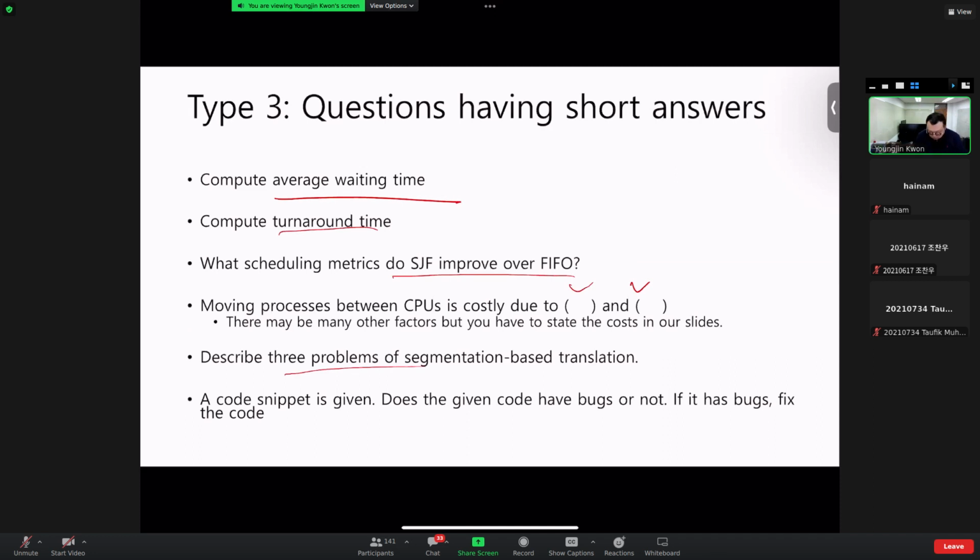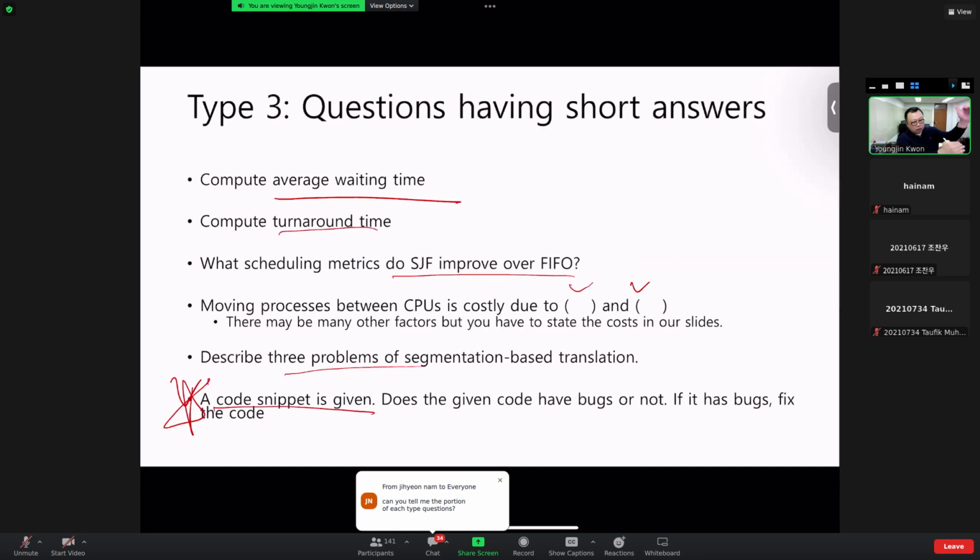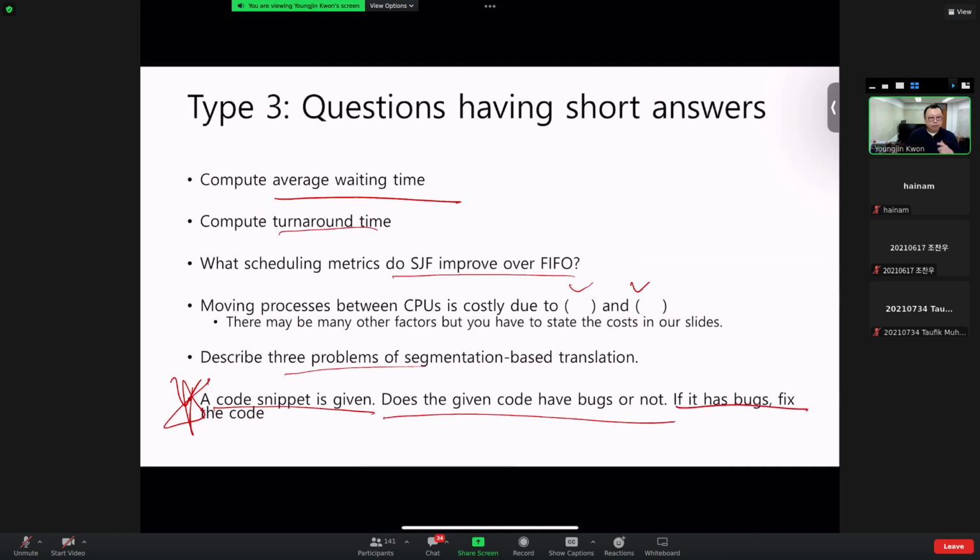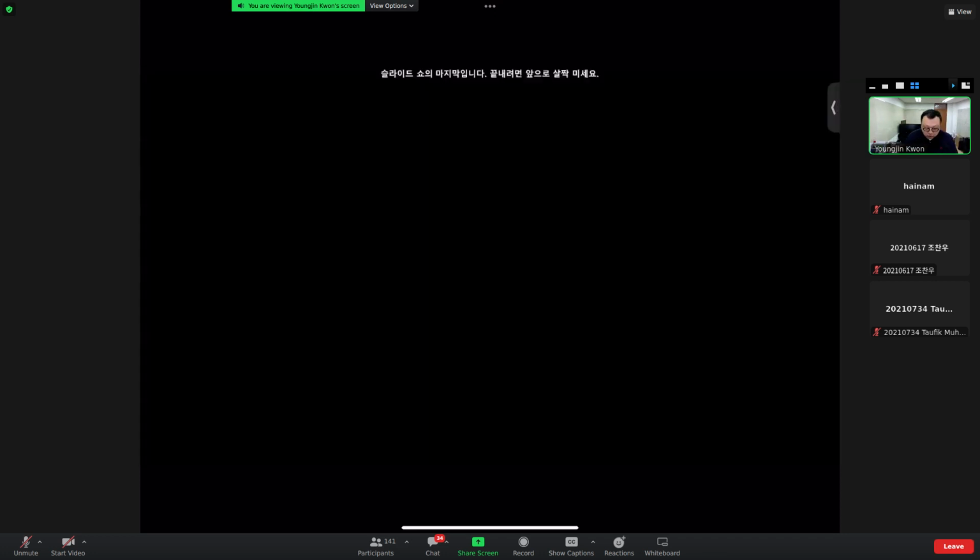Or some code snippet is given. So there is some example code given. You have to reason whether this code has bugs or not. If it has a bug, fix it. Okay, I always prefer these questions. So that's the 3 types of questions.